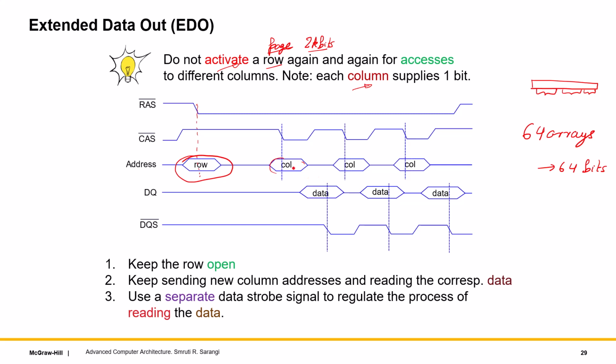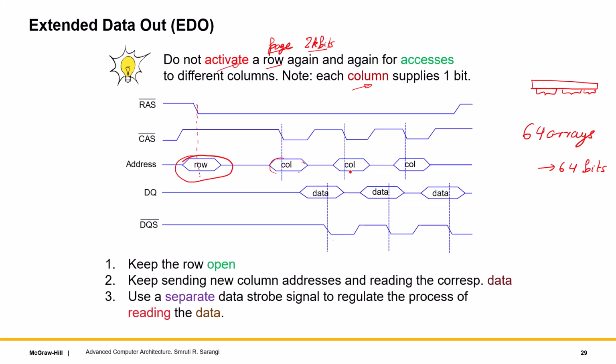The moment this is received, we have a separate data strobe signal. This is also an active low signal. Once we send a column, the data is put on the data bus and the data strobe tells the memory controller when to read it.